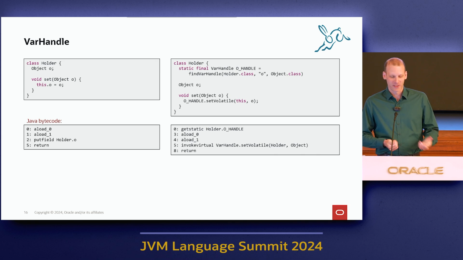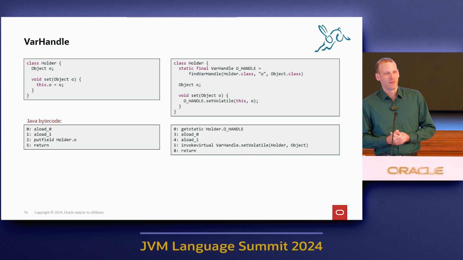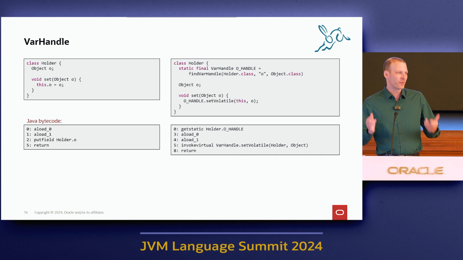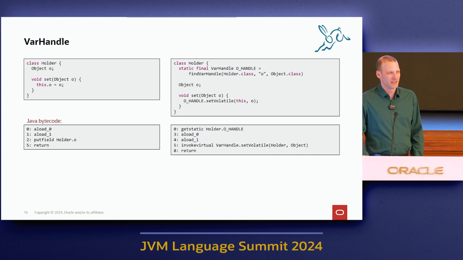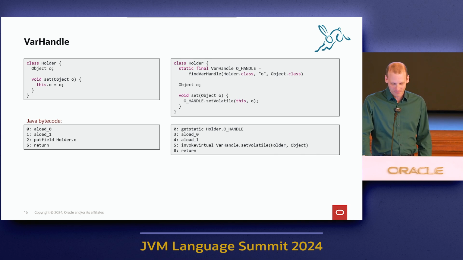In that case, I use setVolatile because, of course, when we use a VarHandle, we want to use, for example, the different memory models that VarHandle offers, or we want to do a compare and swap on something. So all the operations that a normal field access does not give you.